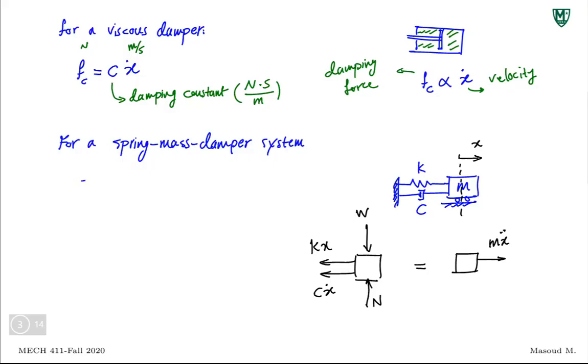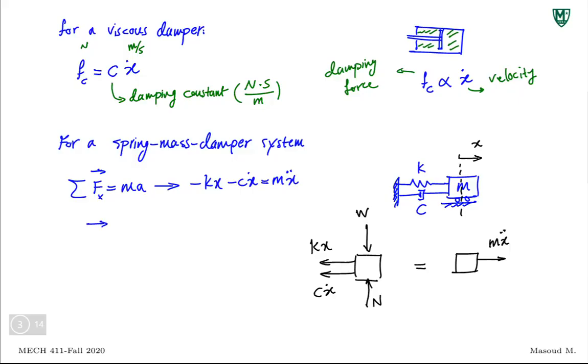So if I write the equation of motion, or use Newton's second law, summation of forces equal to ma, and we're talking about the x direction, I don't care that much about the y direction. There is no motion, so N is equal to W. This gives me minus kx minus cx dot is equal to mx double dot.